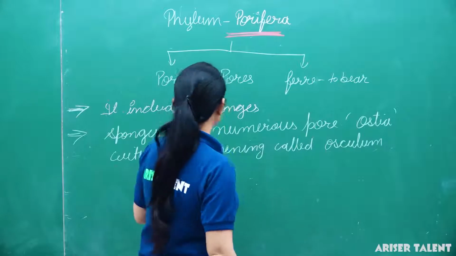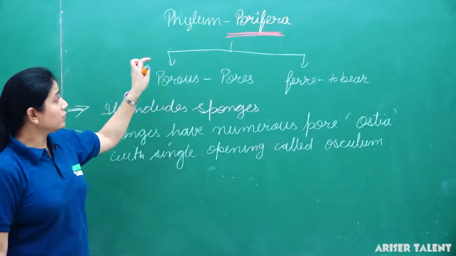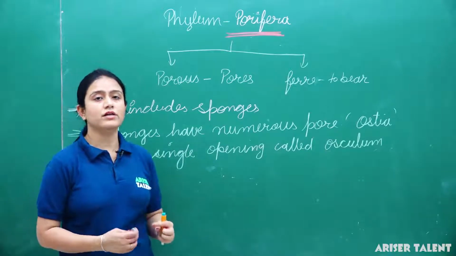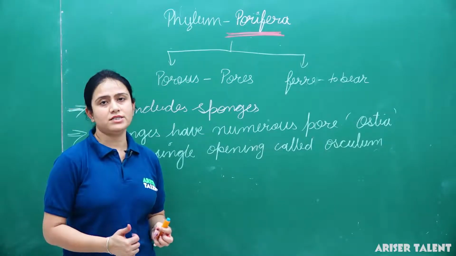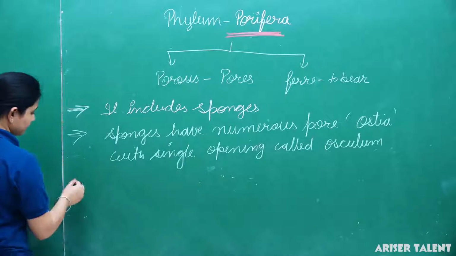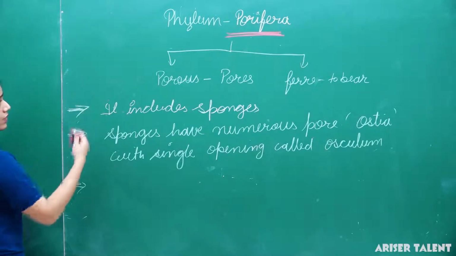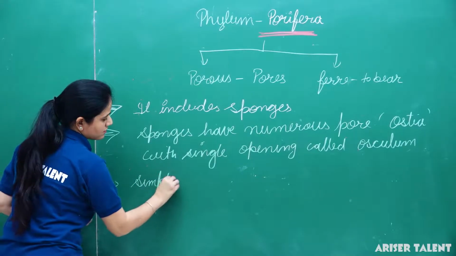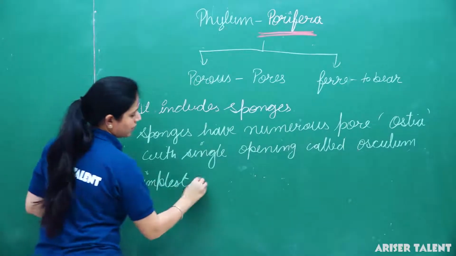If we talk about the animals of Porifera, they are the simplest multicellular animals.